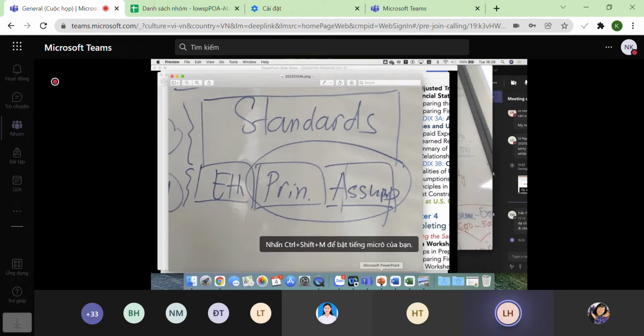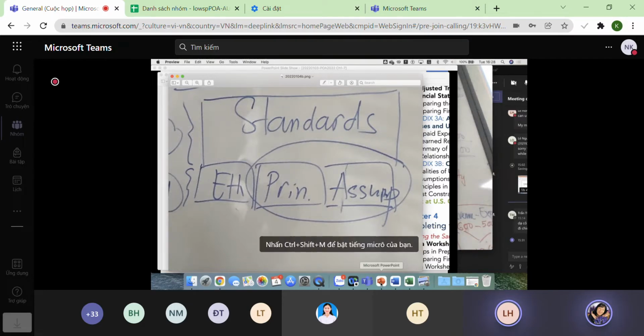So in the last session of this class today, we learn more about the accounting equation. Learning more about the accounting equation will show us the financial position of the company.